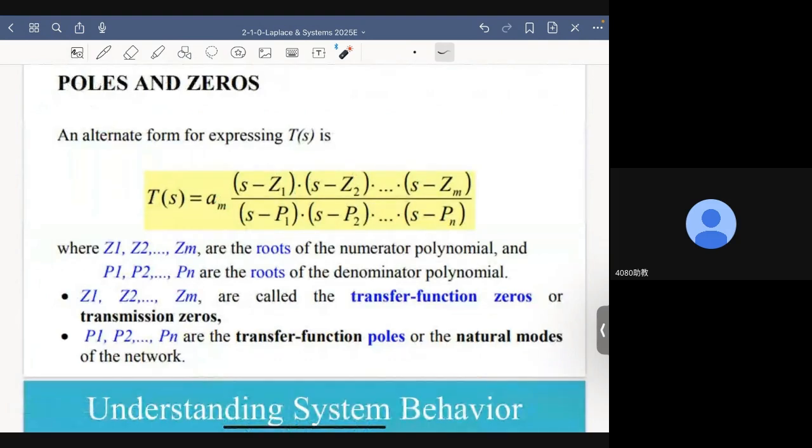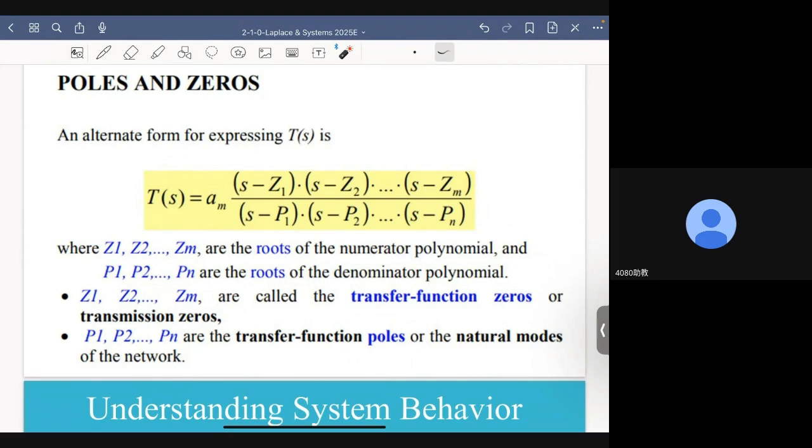With the specifications of poles and zeros, the transfer function can be rewritten into this form, where z1, z2, zm are roots of the numerator polynomial and hence zeros of the transfer function. Similarly, p1, p2, all the way up to pn are roots of the denominator polynomial, hence they are the poles of the transfer function.